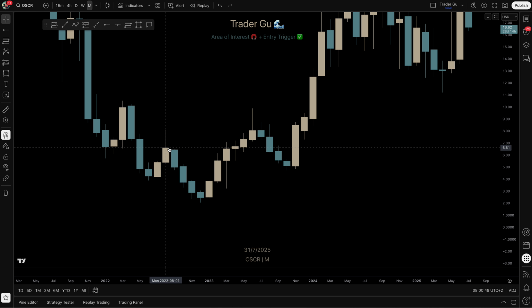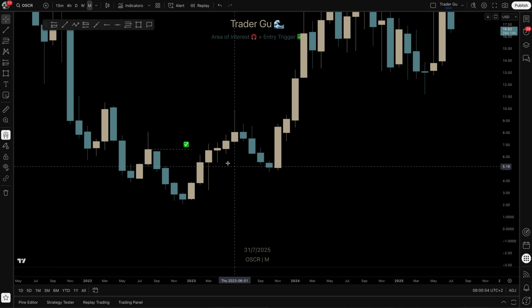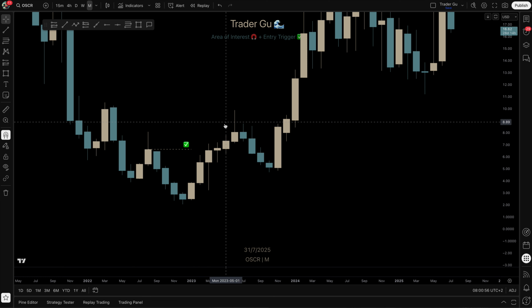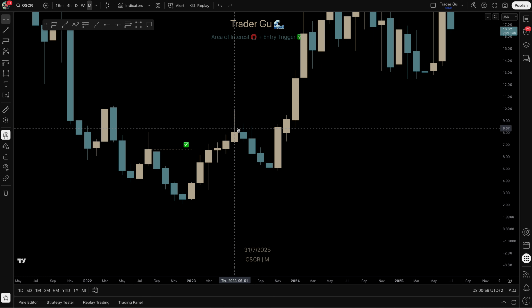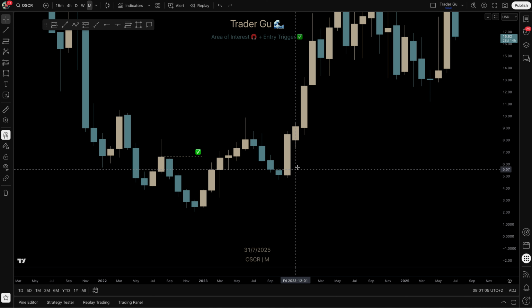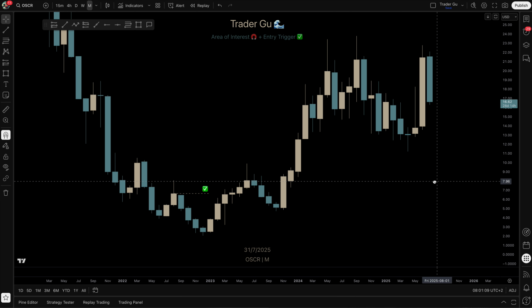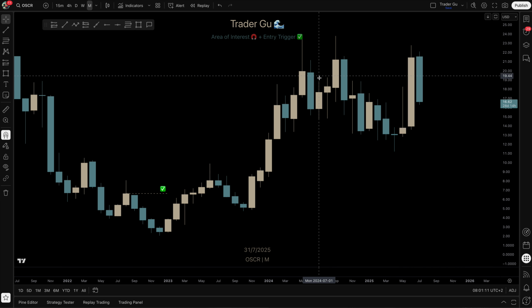And once we closed above this level here, that is when we had a bullish market structure shift, followed by a retracement, which would have been a very nice entry for those of you that were looking at this ticker at that time. And since then we have moved upwards.